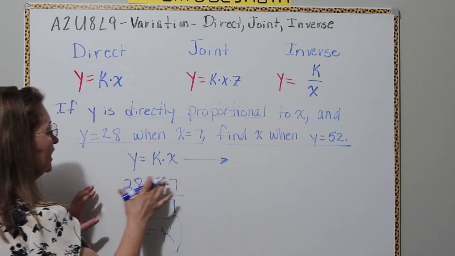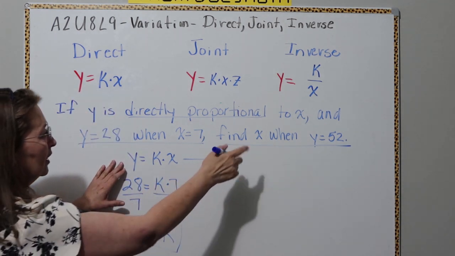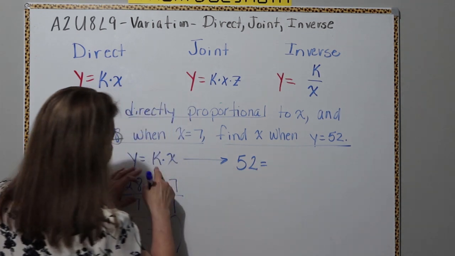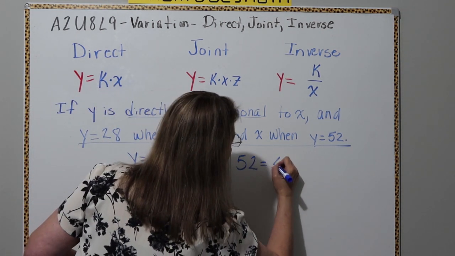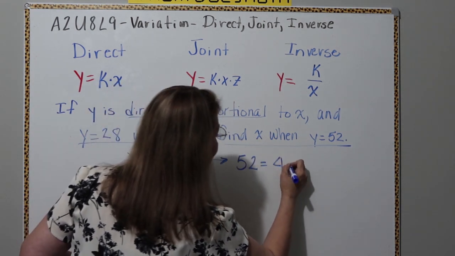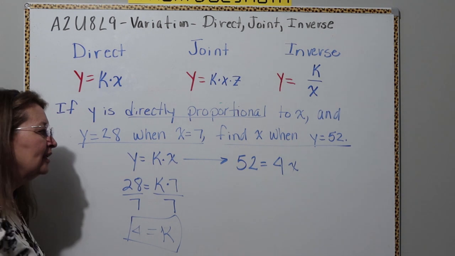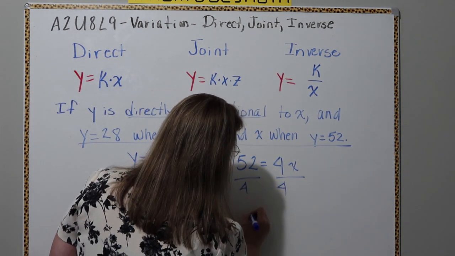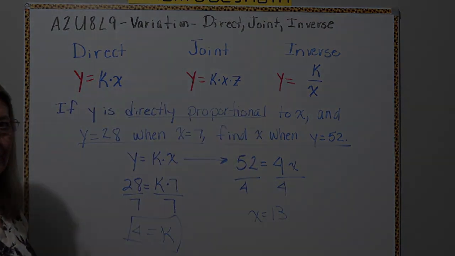So if I fill in what I know into my direct variation model, y is now 52 equals, k is what I just found here, so it's going to be 4. X is now what I'm looking for. And you have a simple equation to solve. Divide both sides by 4, and your x is now 13.